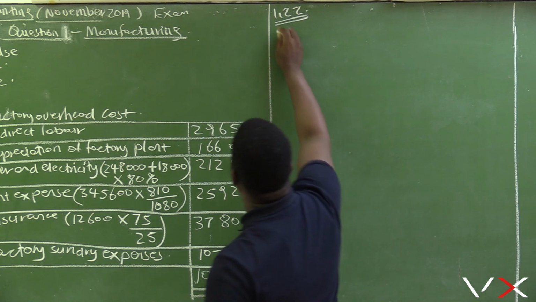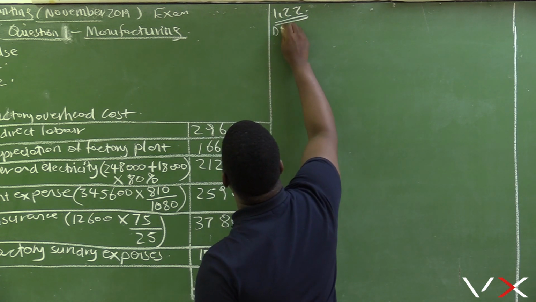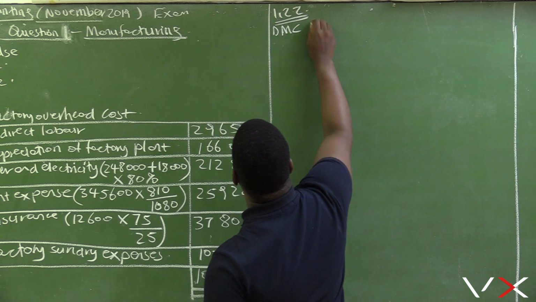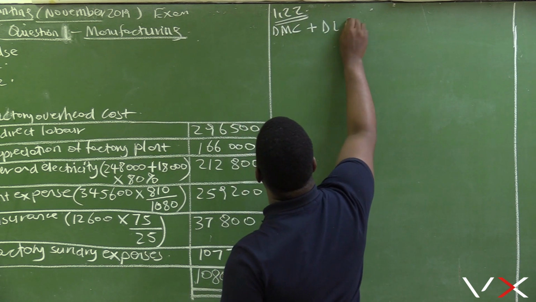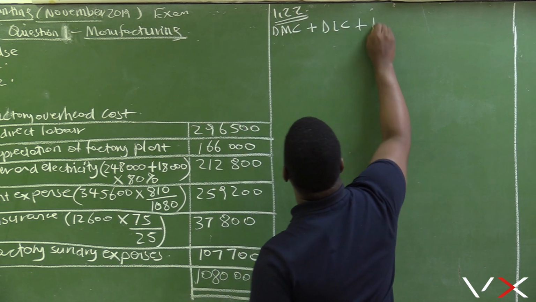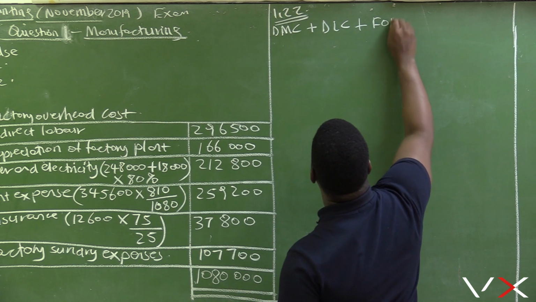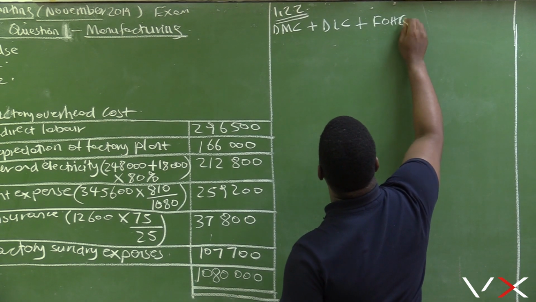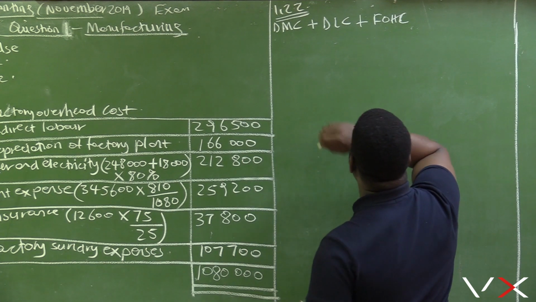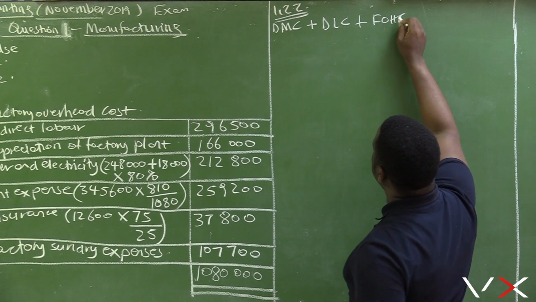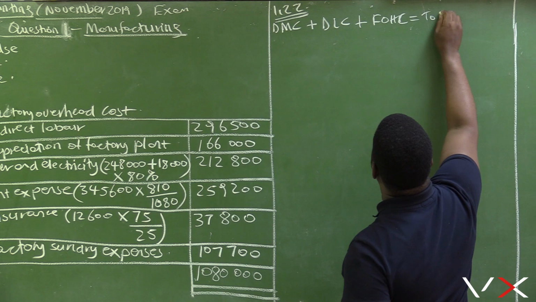The total cost of production of finished goods is made up of direct material cost plus direct labor cost plus factory overhead cost.